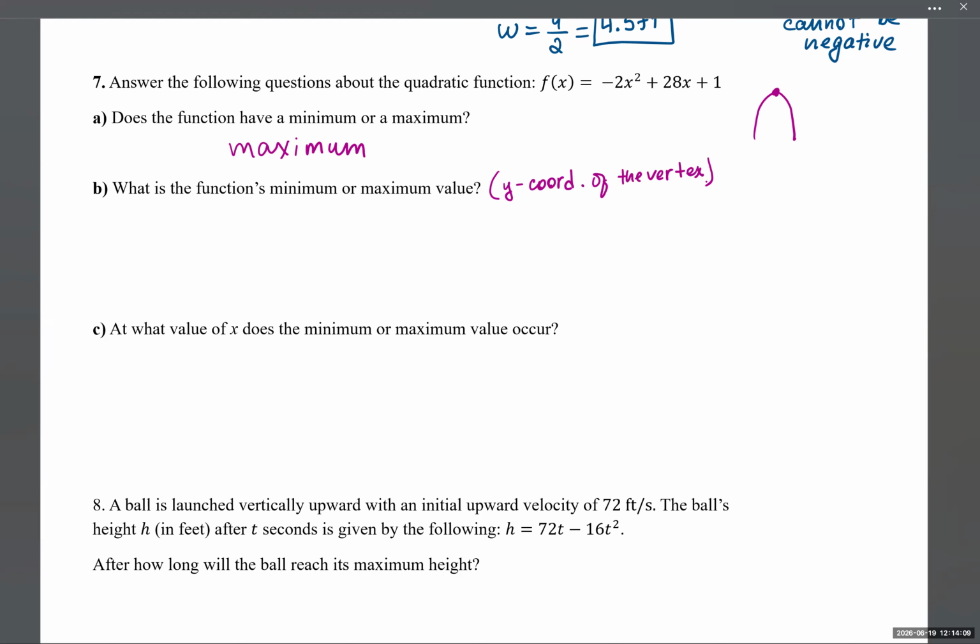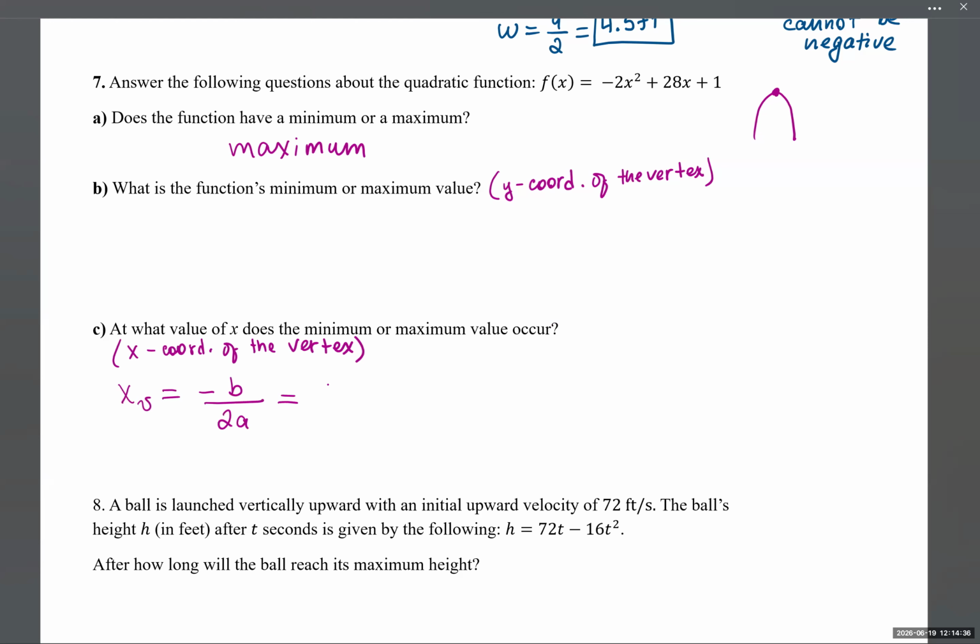We cannot find the y-coordinate until we find the x-coordinate. So part C says, at what value of x does the minimum or maximum value occur? So this is the x-coordinate of the vertex. We can find that one. The x-coordinate of the vertex has a formula, minus b over 2a.